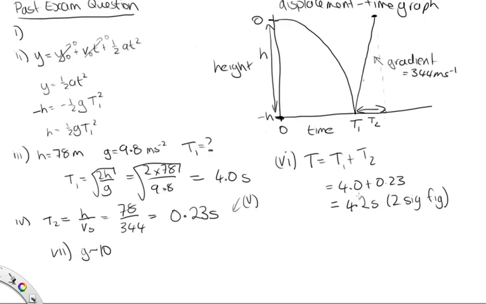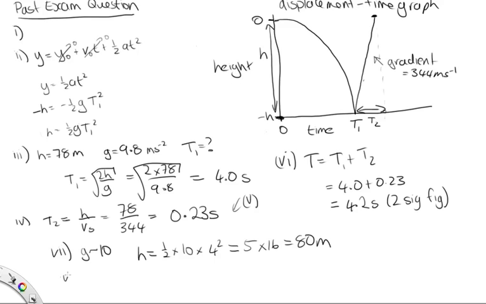So it takes 4 seconds for the sound to get back to her. So she would estimate the depth of the well using the same equation here. She'd get h is equal to 1/2 times 10 times 4 squared. So that's 5 times 16, which is equal to 80 meters. So she'd estimate the depth of the well as 80 meters.